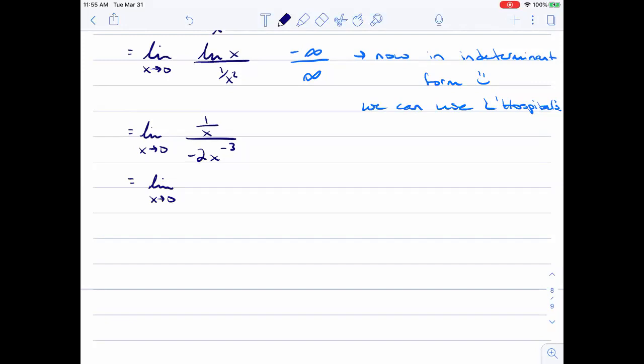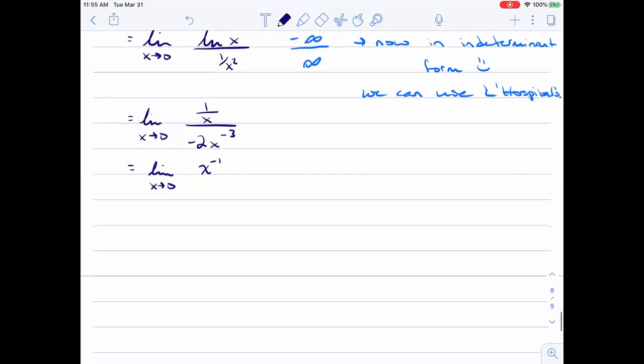And then I've got x to the negative 3. So this I can rewrite as x to the negative 1 times, I can bring this x to the negative 3 up to the top, times x to the negative 3.